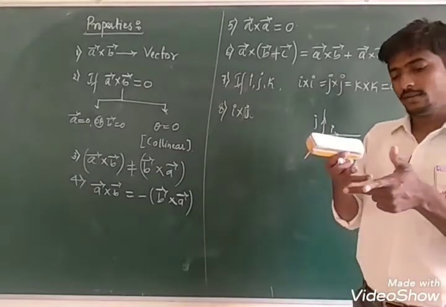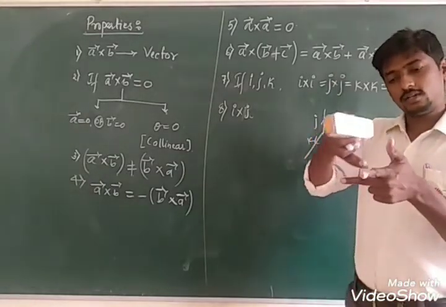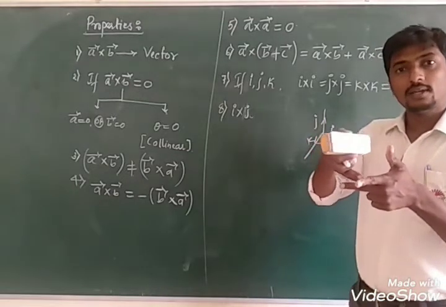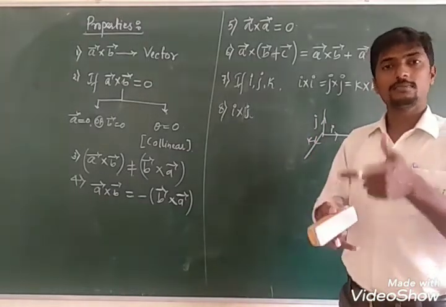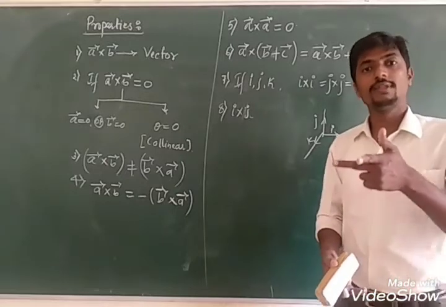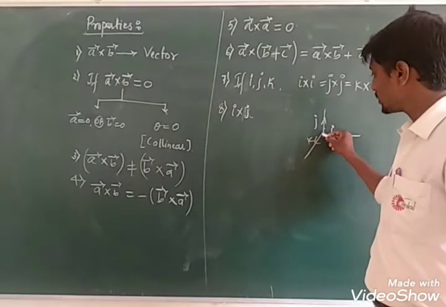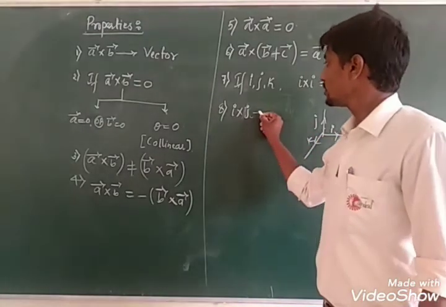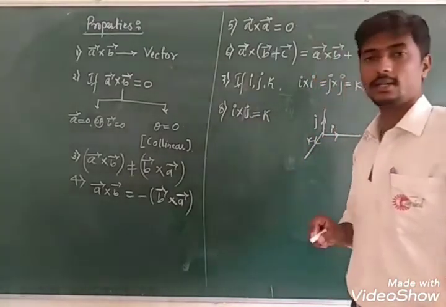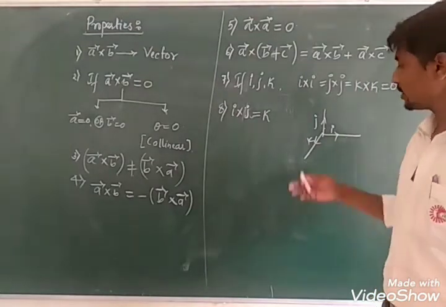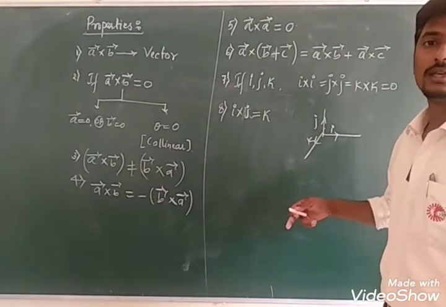If I consider I cross J, the resultant vector is always perpendicular to the plane of those two vectors. So the resultant vector is K, because it is in this direction.